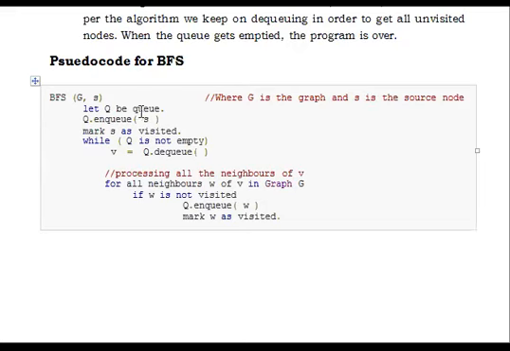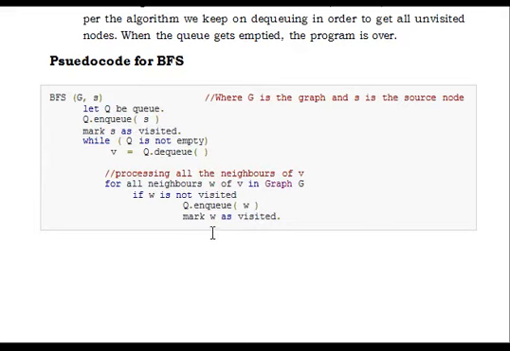Let Q be a queue, initialize the queue and mark S as visited. If Q is not empty, take the vertex from Q dot dequeue. Otherwise, process all the neighbors of the vertex. If it is not visited, it is enqueued into the queue and marked as visited.